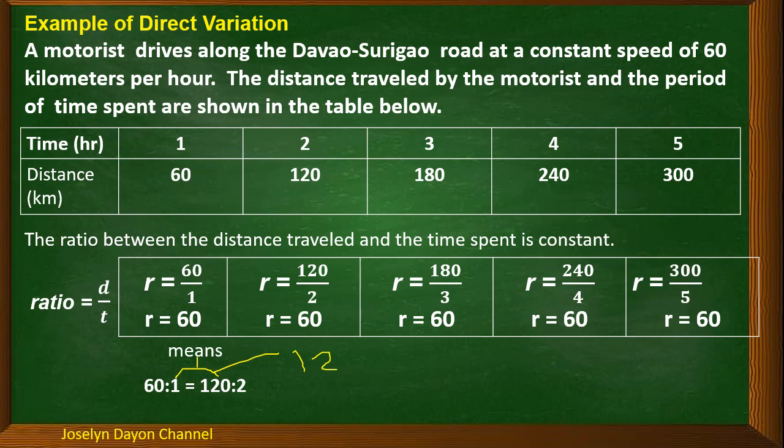On the other hand, if we multiply the extremes, 60 and 2, this will also give the same answer. 60 times 2 is also 120. So that is the characteristic of direct variation.